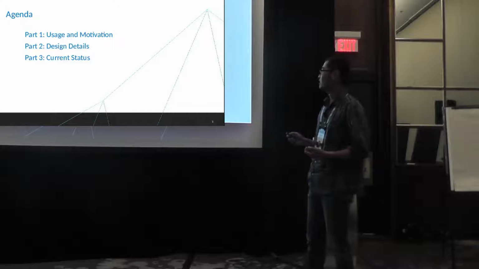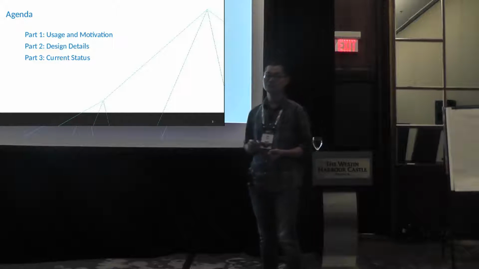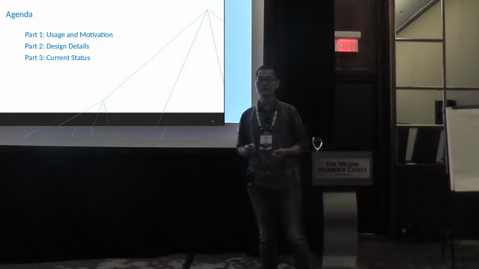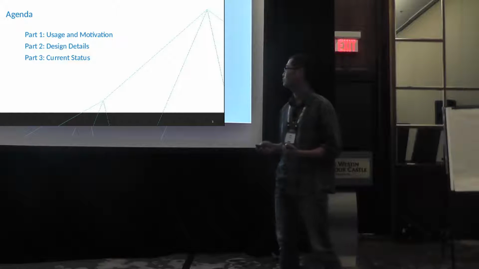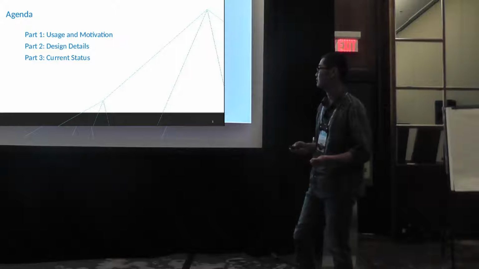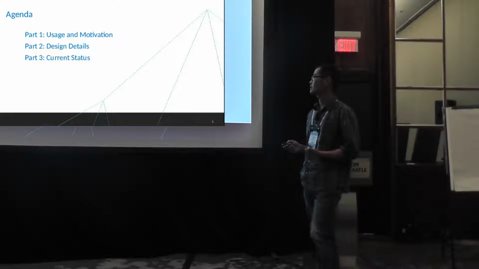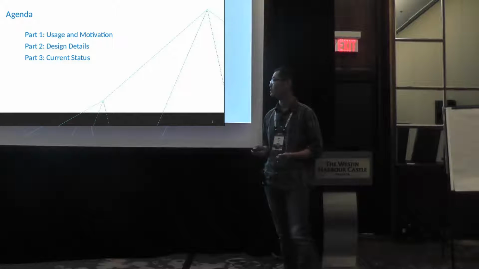In this part, I will introduce why the existing solution is not suitable for the NFV case, and how vhost PCI improves it, and I will show some results of our POC work. In part two, I will introduce the details of the design. This is actually the theme of this presentation. In part three, I will summarize the current status of our work.